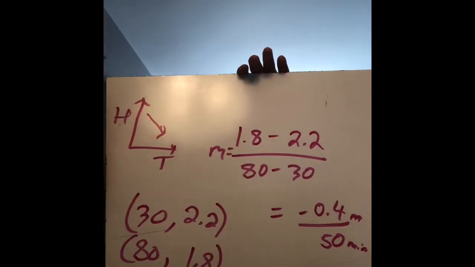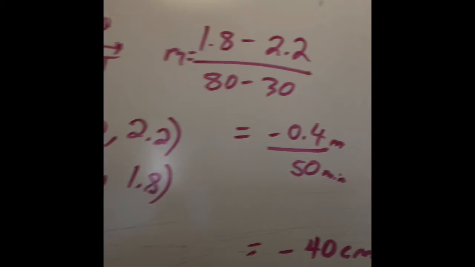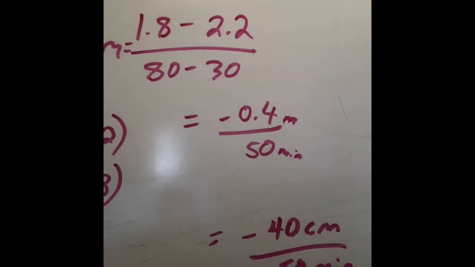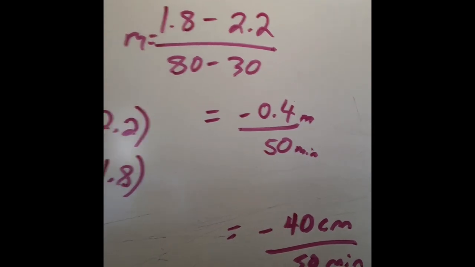So we could convert this if we wanted to make it pretty and make it negative 40 centimeters per 50 minutes. And that might be a little better. So instead of 0.4 meters, you're looking at 40 centimeters every 50 minutes.